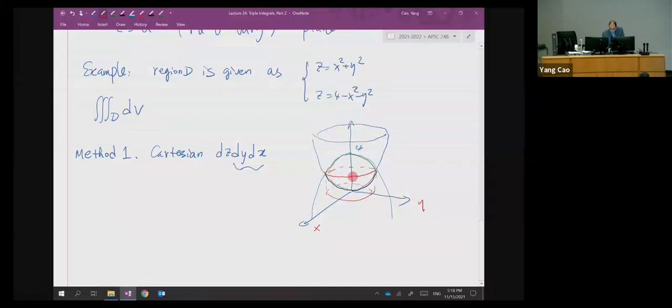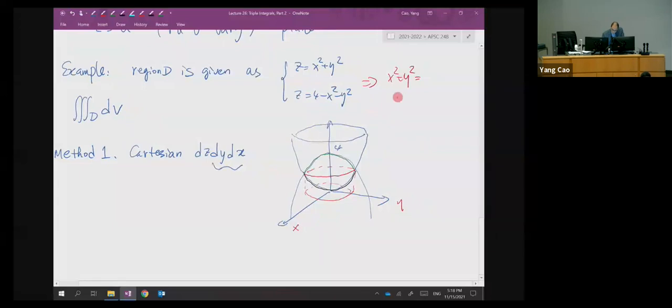When they intersect, the z will be the same, right? At any one of the intersecting points, the z value is the same. So all you need to do is let the two expressions equal each other.